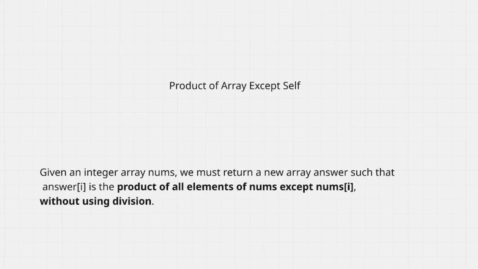So our array is given as nums and we have to create a new array which has the products of all elements except itself. Here our condition is we do not use division, so without division we have to calculate the product of elements.